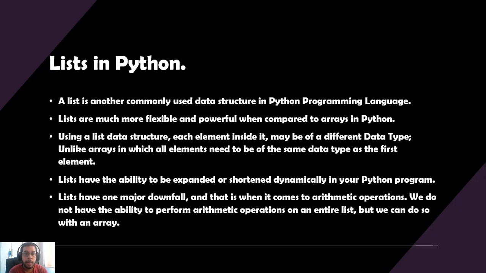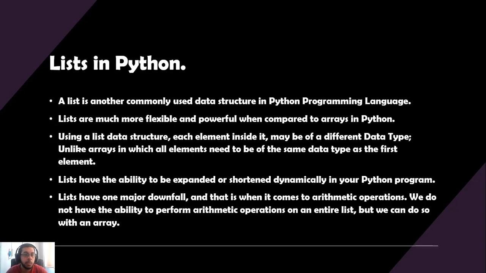Lists in Python. A list is another commonly used data structure in the Python programming language. Lists are much more flexible and powerful when compared to arrays in Python. Using a list data structure, each element inside it may be of a different data type.